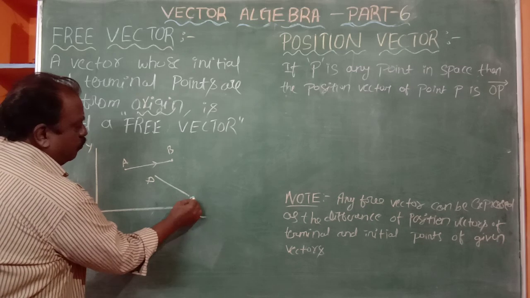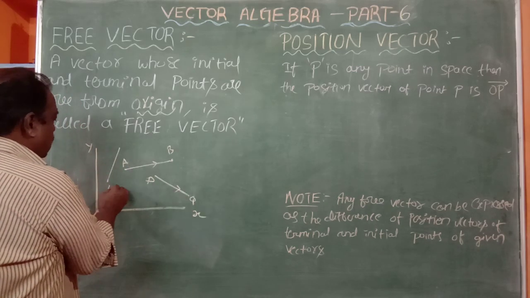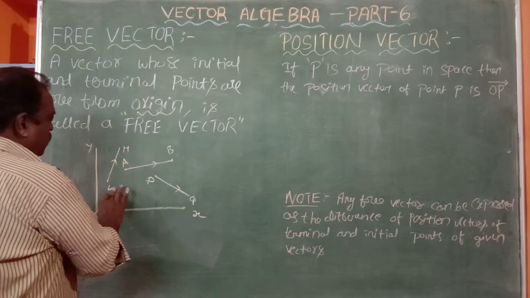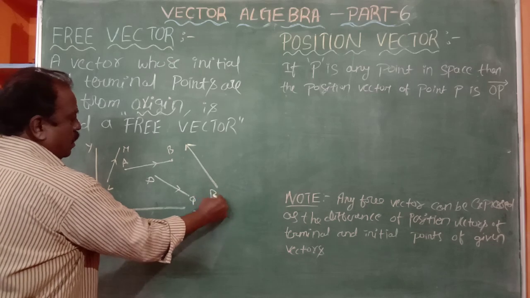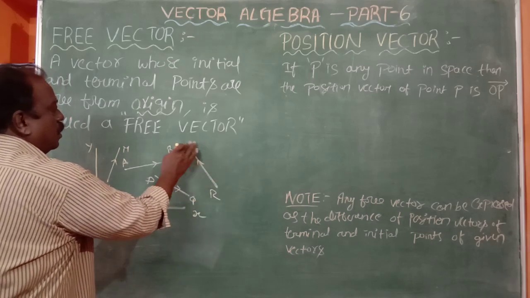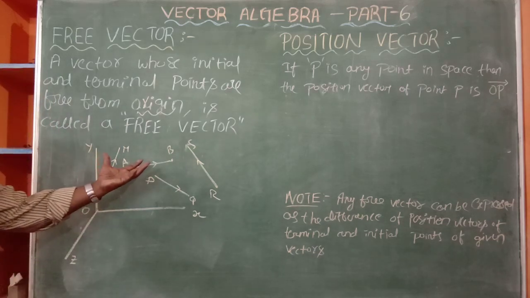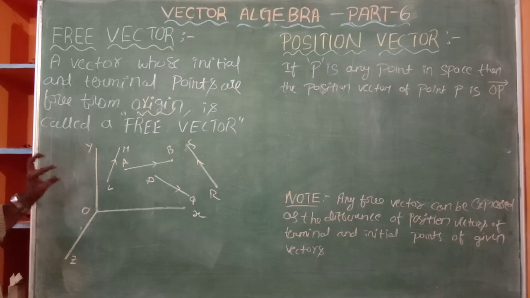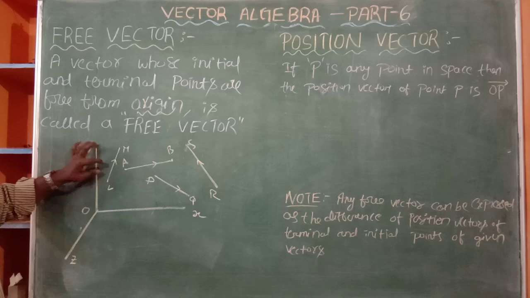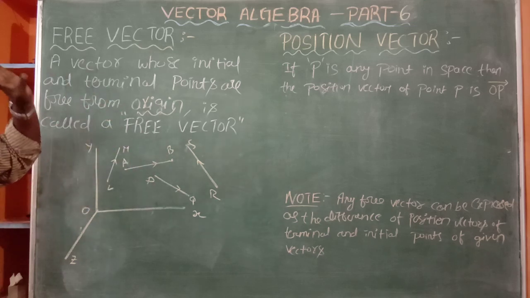PQ bar is a free vector. LM is a free vector. RS is a free vector. All these vectors are free from, or independent of, the origin. The origin is not connected with the initial point and terminal point of any of these vectors. Those vectors are called free vectors.